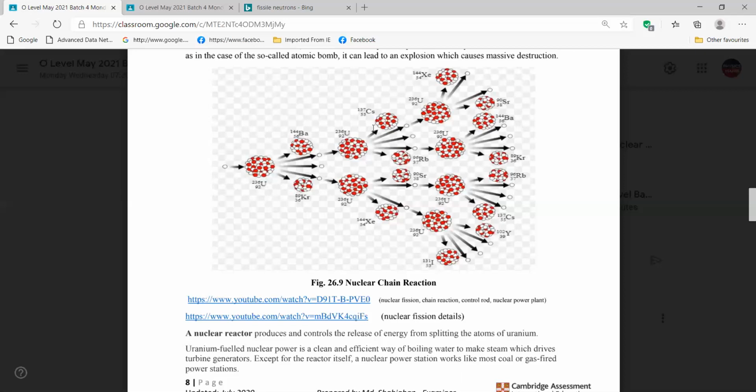And sir, one more thing: we can do fission of many other elements, isn't it, rather than uranium? Yes, we can also do it for plutonium. So I'm asking, what is the minimum mass number that we can do fission of? Normally, uranium and plutonium are the two mainly used for nuclear fission.